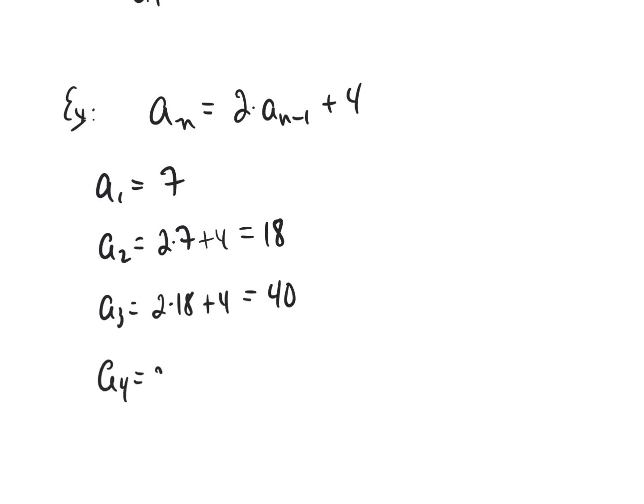We take 2 times the previous term plus 4 to get us to 84, and of course we could just keep that going. And then we just try to write these terms as a regular old sequence, just a simple sequence.